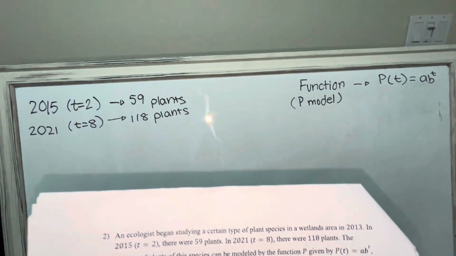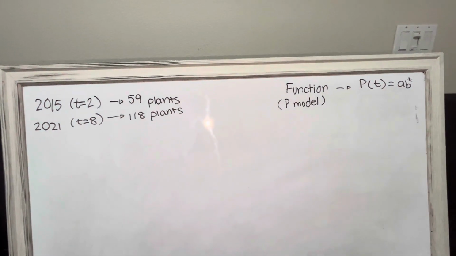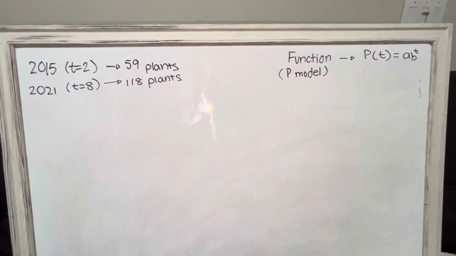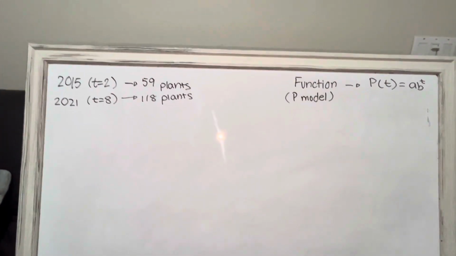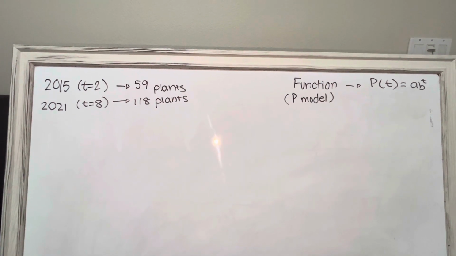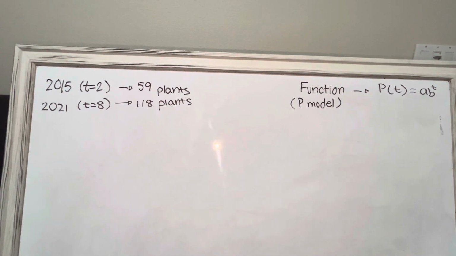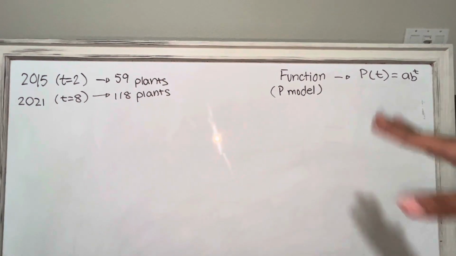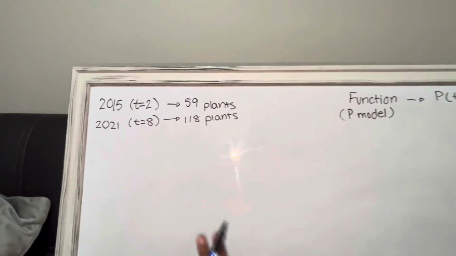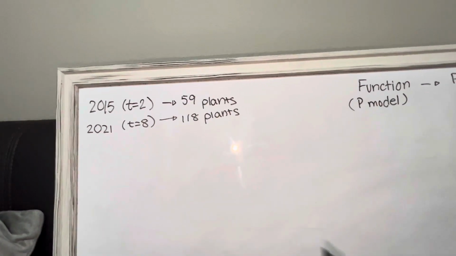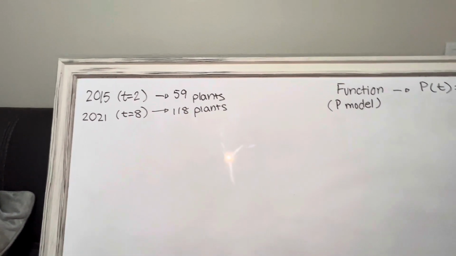And now it's asking us to find the values for a and b as decimal approximations. So the first thing we should be doing is, since we have the model over here as function p of t, we can put the inputs and outputs we already have into it.